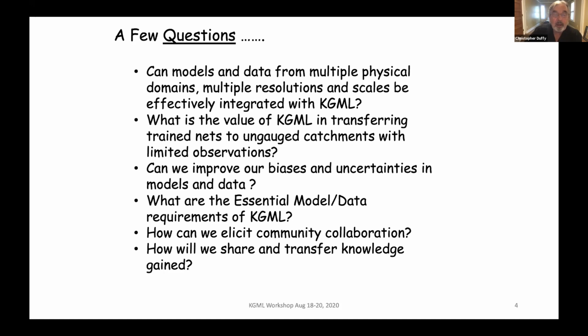And one question I have for all of the presenters and maybe some attendees too: what are the essential data required for KGML? And how can we elicit community collaboration and the sharing and transfer of this knowledge?